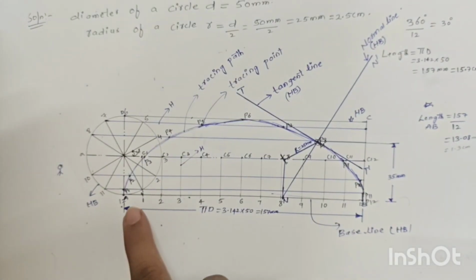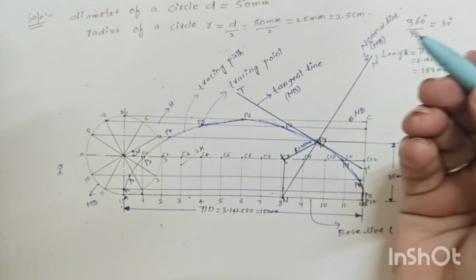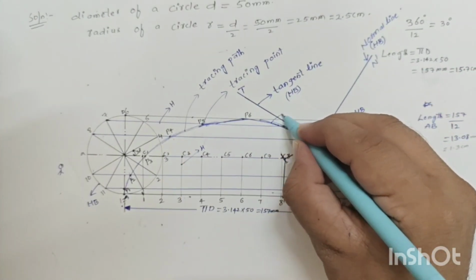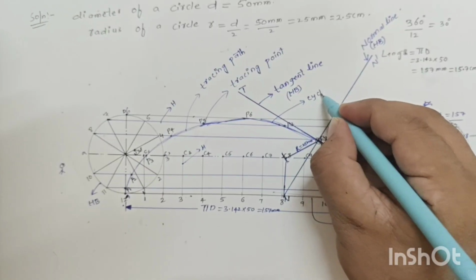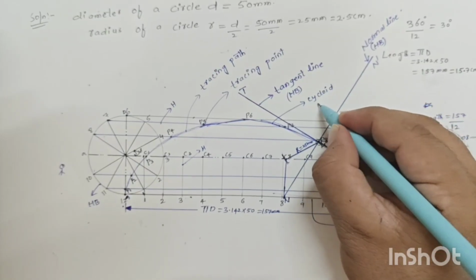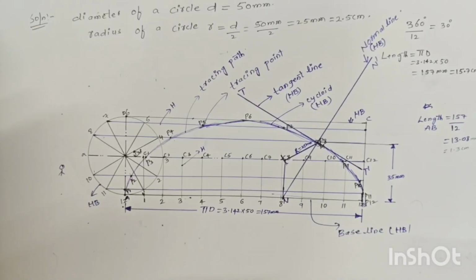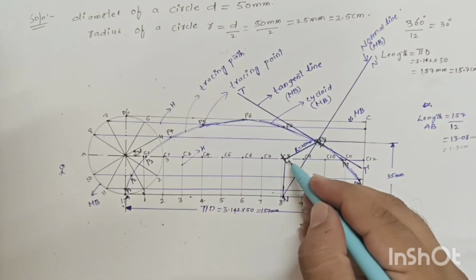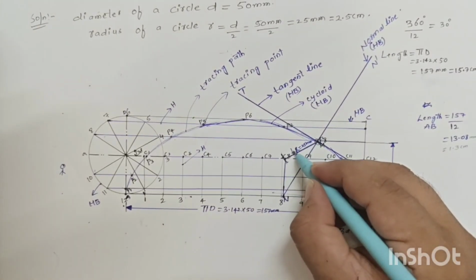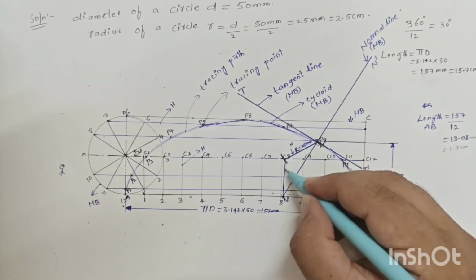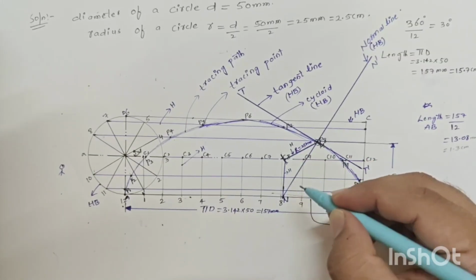Then again for this cycloid profile, we have to use HB pencil. Clear? And this radius, we have to use H pencil, and this vertical line also H pencil.